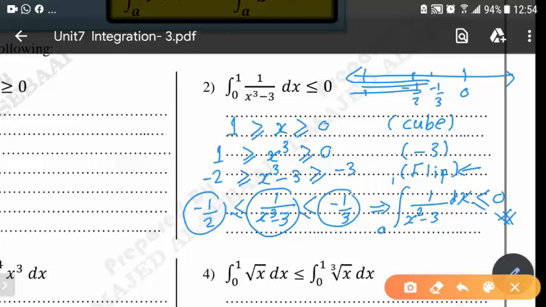Can you tell me when must we reverse the sign of the inequality? When that should be done? There are 3 important cases. Can I write them here?